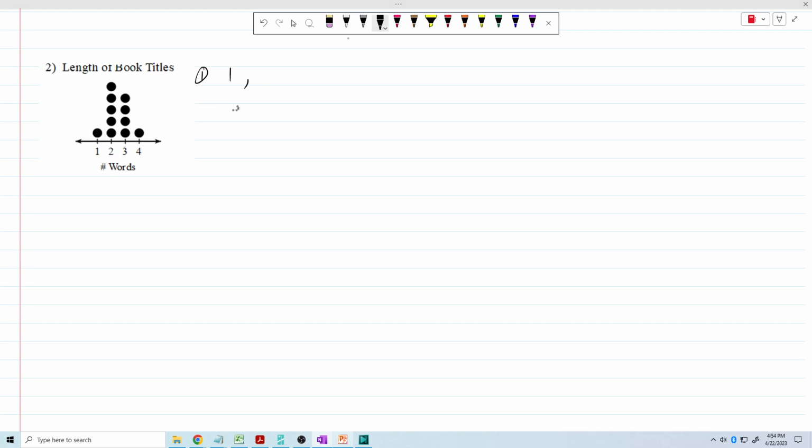There's 1, 2, 3, 4, 5 book titles with 2 words in them. So 2, 2, 2, 2, and 2. Nice. Similarly, there are 4 book titles with 3 words in them. 1, 2, 3, 4. And then lastly, just the one 4 out there. Boom, that is our number set, guys.